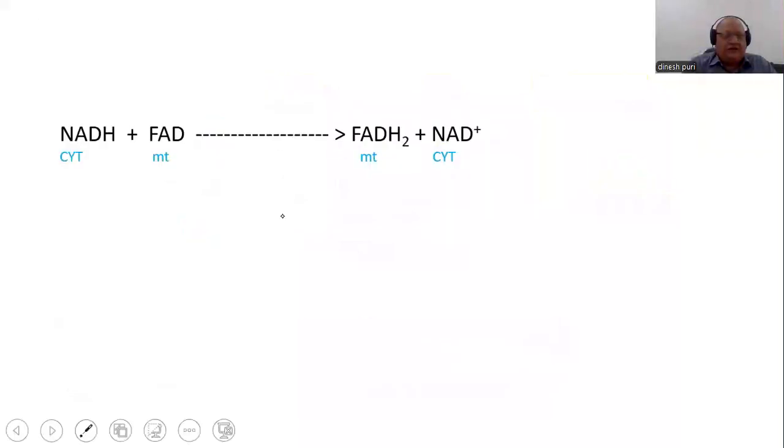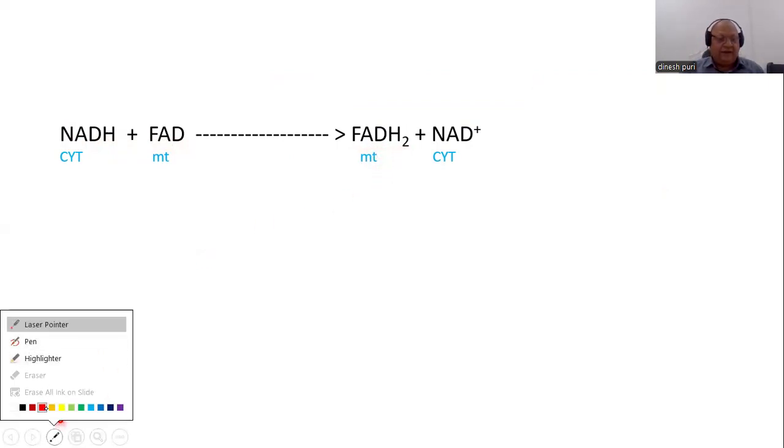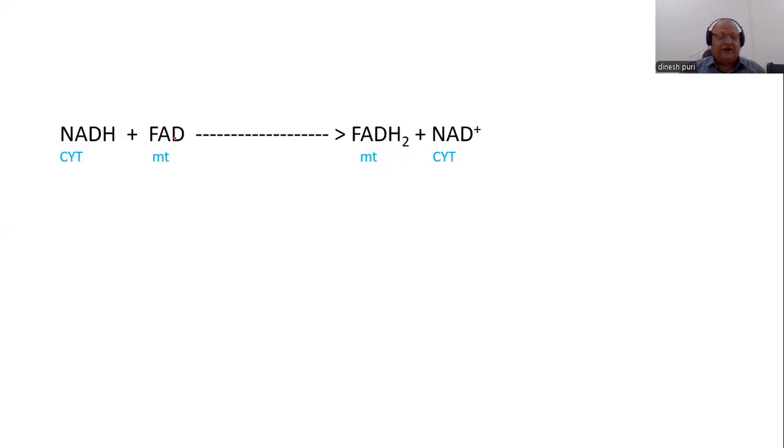So now, before we proceed, you should be able to try to solve this yourself. Here NADH is donating to FAD, forming FADH2. And in the earlier shuttle, the malate aspartate shuttle, there it was NAD and NADH. FAD never came into the picture.